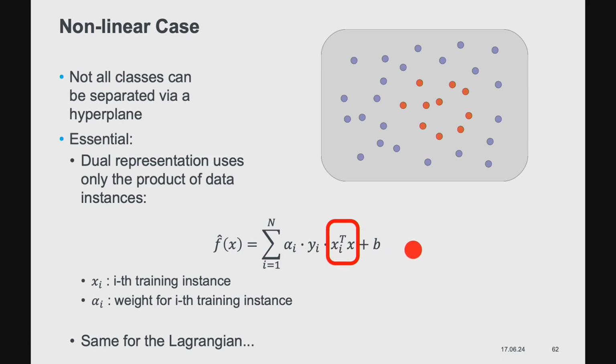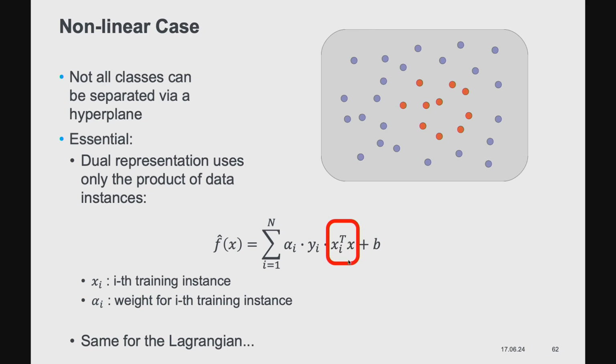And now let's say we want to classify these red dots away from the blue dots. Then this dual representation does not really need the value of x. All that it needs is the similarity of x with the support vectors.